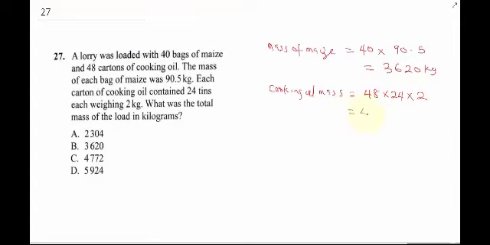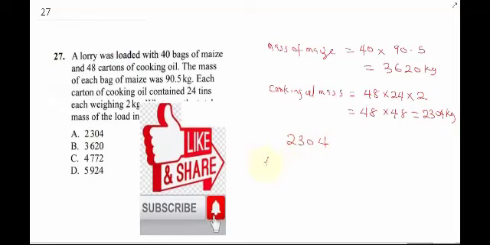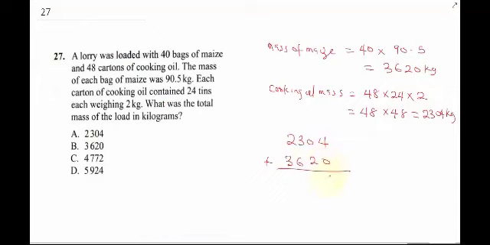So this is the same thing as 48 multiplied by 48, and that's going to give us 2304 kg. So we're going to sum up 2304 plus 3620, all in kg. So this is 5,924 kg. So the final answer here, it's D.